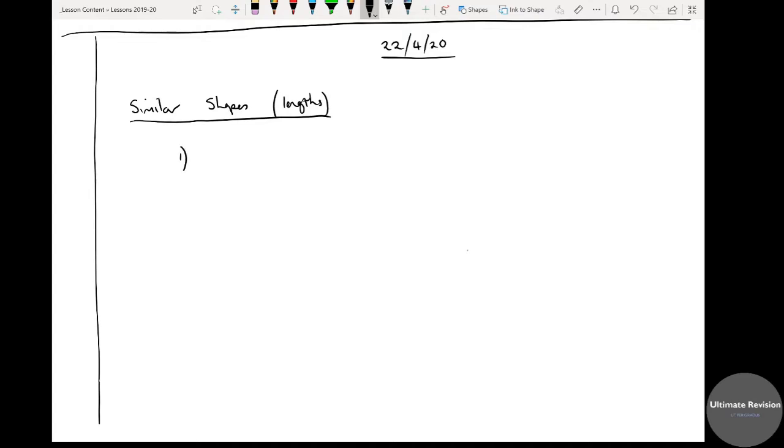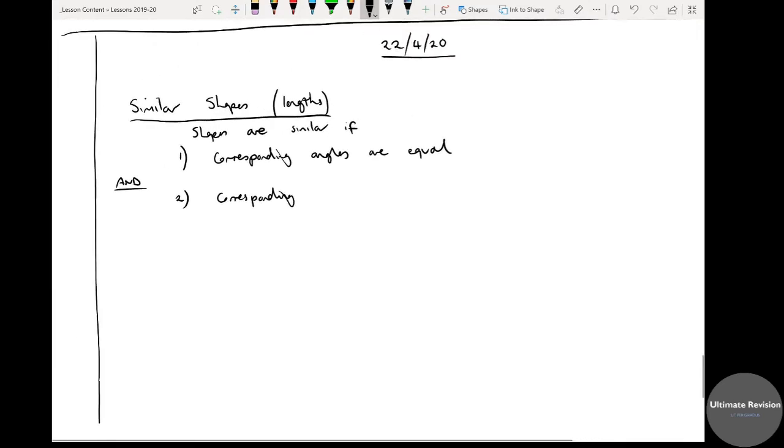One, shapes are similar if corresponding angles are equal, and two, corresponding side lengths are in the same ratio.